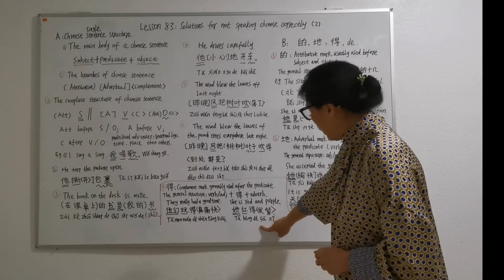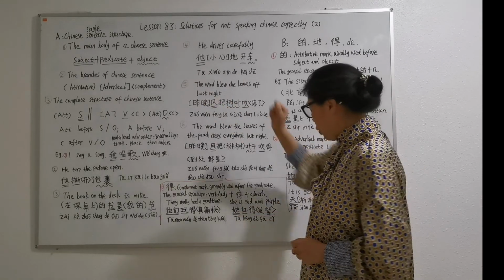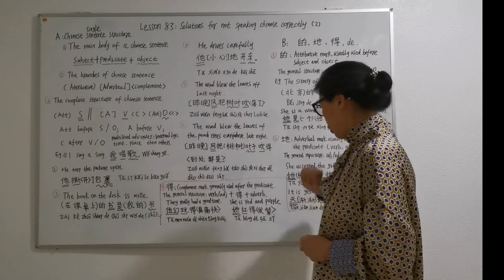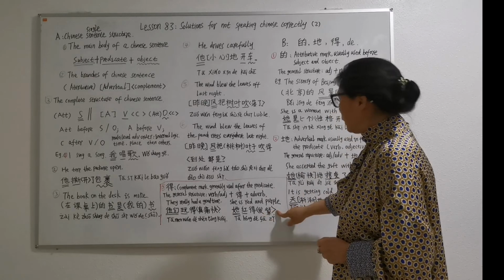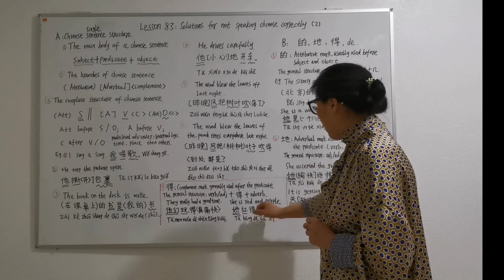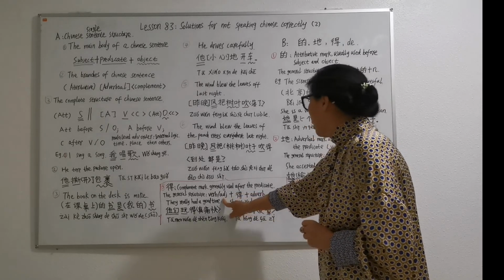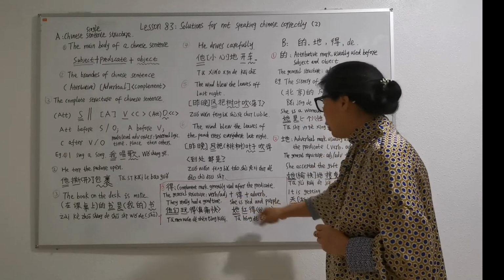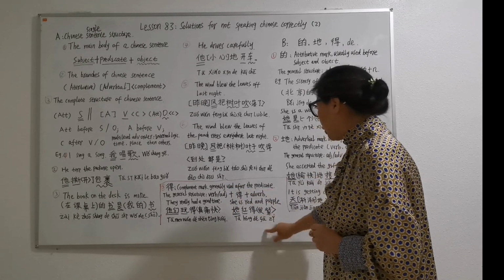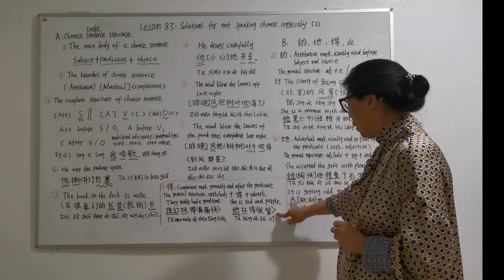So the main body is 她红, 她 subject, 红 predicate, and 发紫 is the complement after the verb. 红 is an adjective. So this 得 structure is adjective and 得 and adverb.